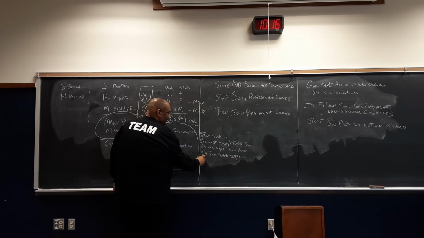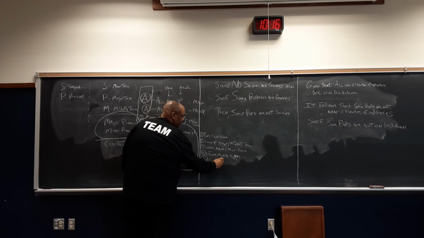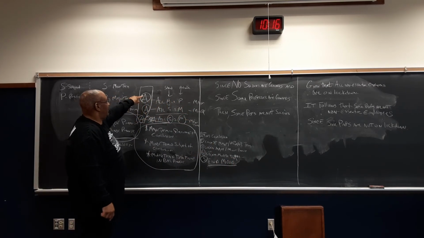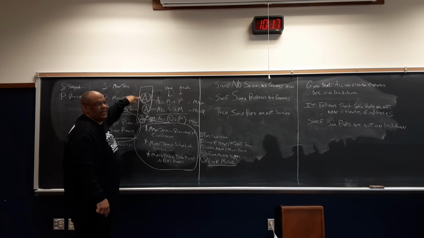Then here, I can now find the mood. I could have found it earlier, but it don't matter. And the mood is simply the proper ordering of the terms of the argument.